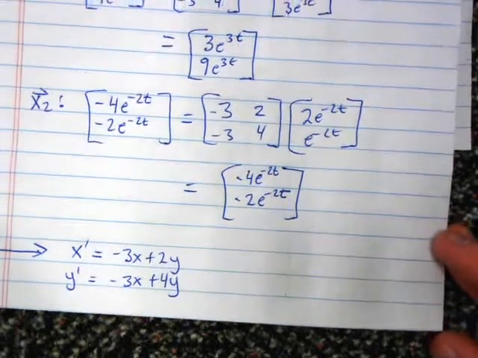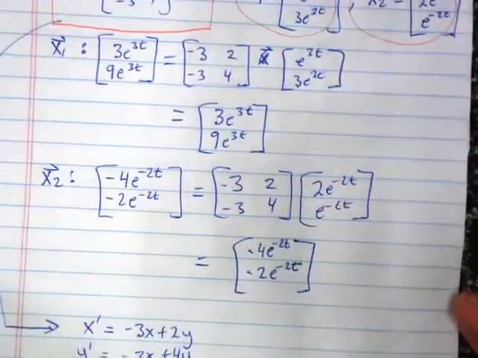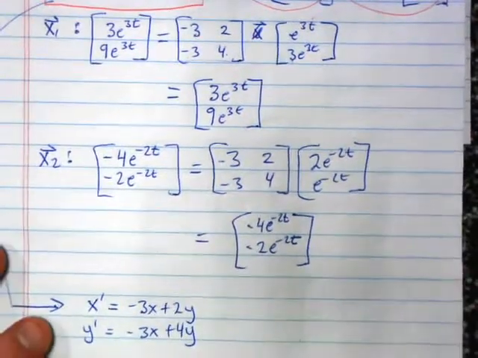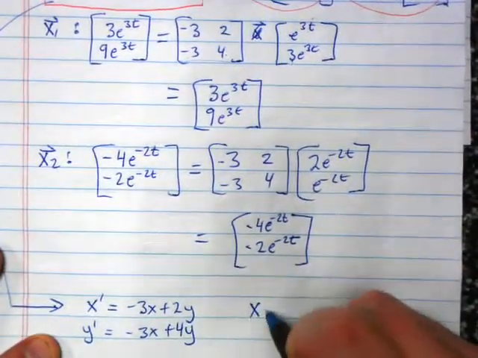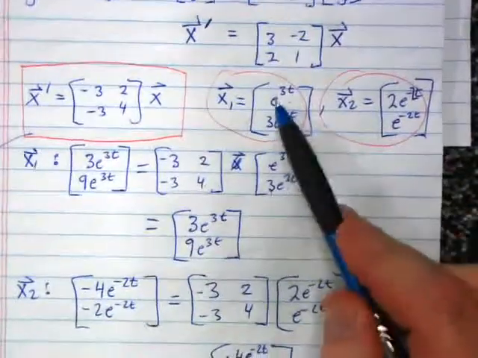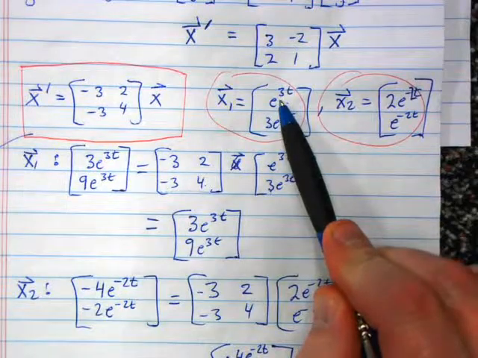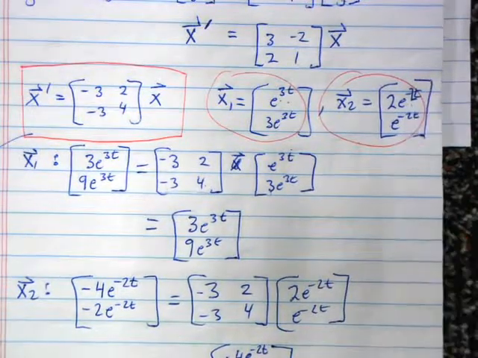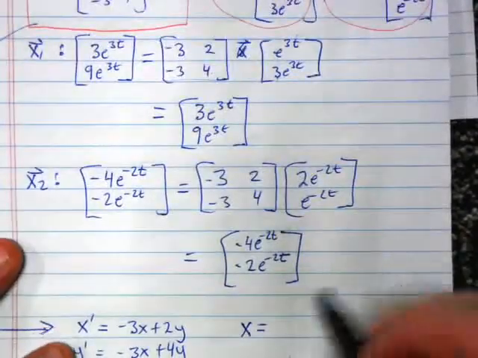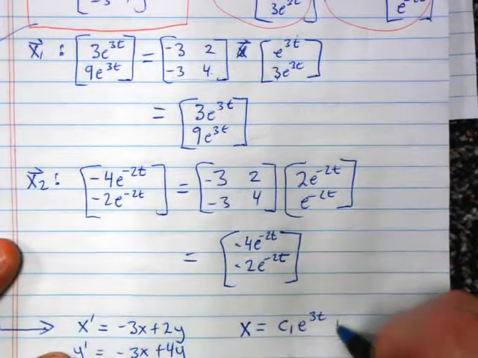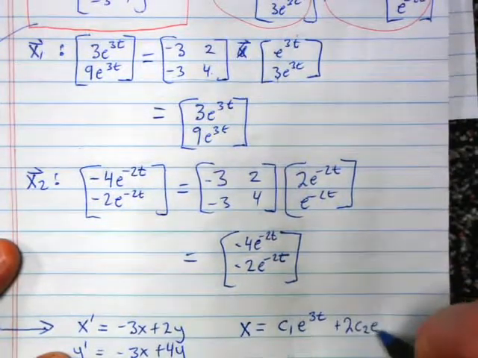And so what did we just find here? Our answers are x equals... x has to have an e to the 3t and an e to the negative 2t. So our answer is x equals c1 e to the 3t plus 2c2 e to the negative 2t.